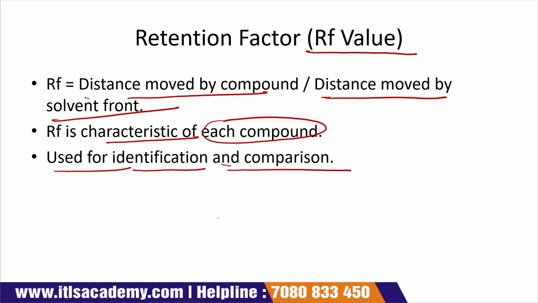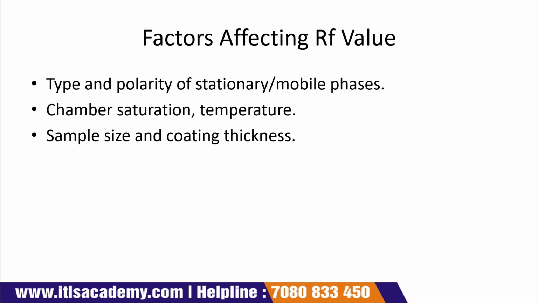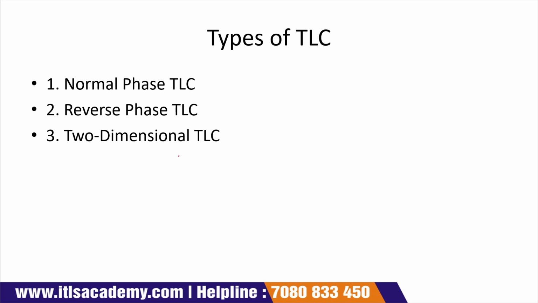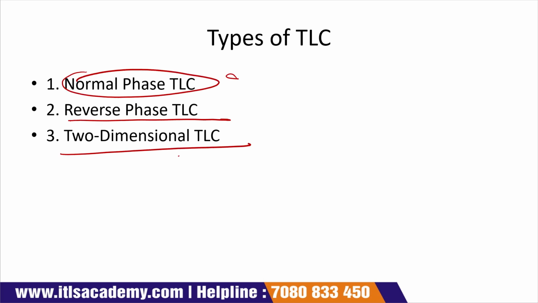Factors affecting the RF value: type and polarity of the stationary and mobile phase, chamber saturation, temperature, sample size, and coating thickness. Types of TLC: normal phase TLC, reverse phase TLC, and two dimensional.